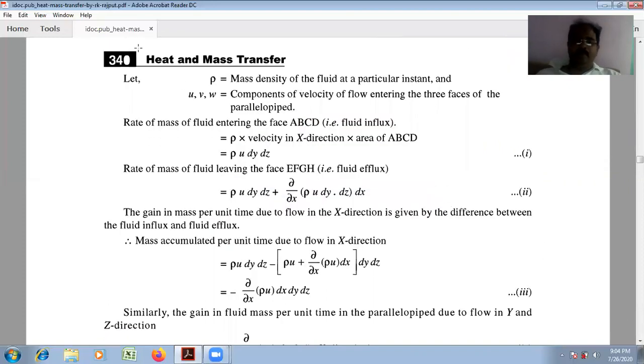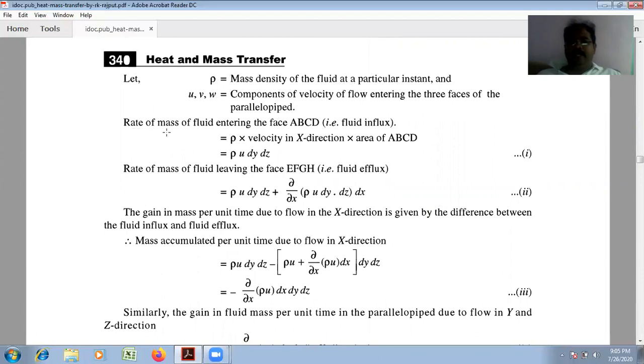Okay, so let us consider rho is the mass density of the fluid at any particular instant, and u, v, w are the components of velocity of flow entering the three faces of the parallelepiped. Okay, so let us start.